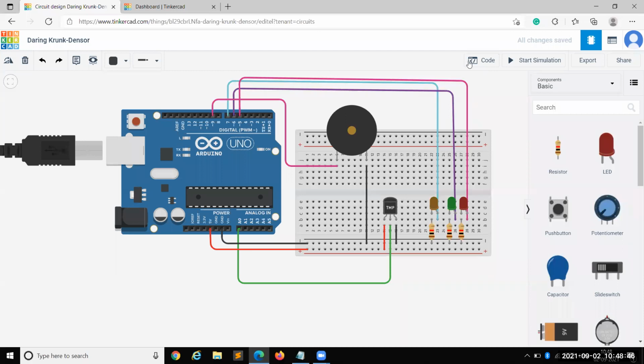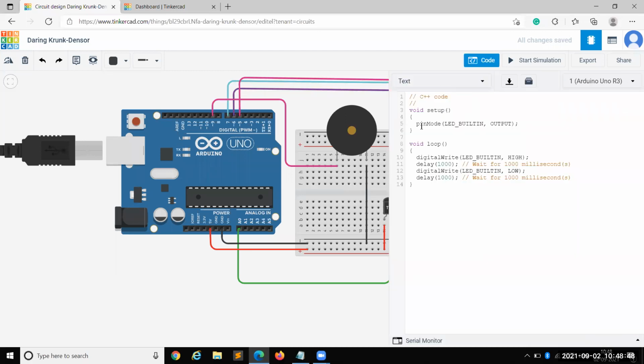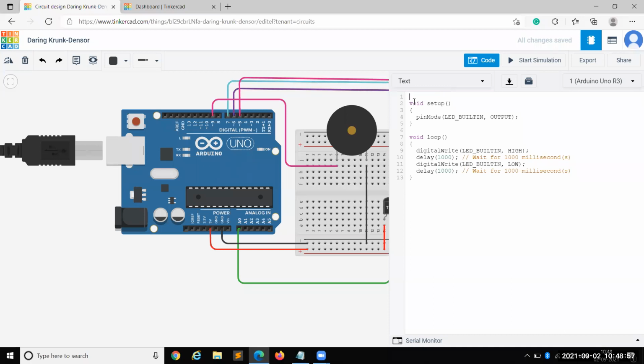Now we're going to come to the code part. We're going to initialize some variables. What is float? In C, C++, all these programming languages, the int that we normally take cannot give decimal values.